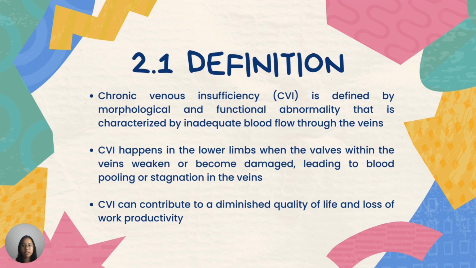CVI involves lower extremity edema, trophic skin changes, and discomfort secondary to venous hypertension. CVI is a prevalent disease process that can contribute to a diminished quality of life and loss of work productivity. Untreated CVI can lead to post-phlebitic syndrome and venous ulcers. The patient may complain of pain, leg swelling, pruritus, and skin discoloration. That's all from me. Thank you.